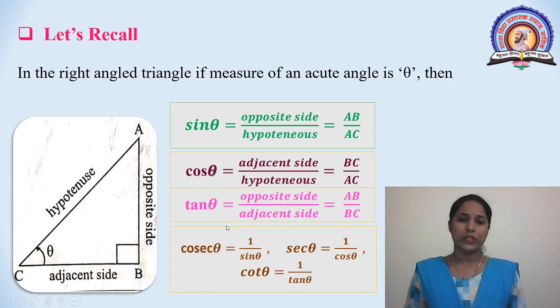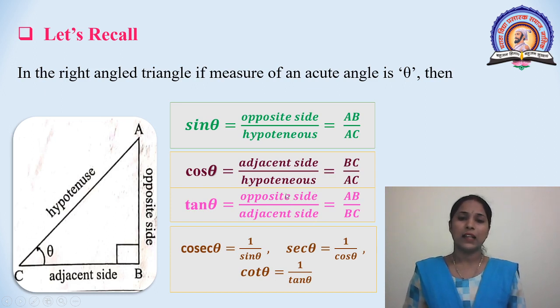Now cosec theta is equal to 1 upon sin theta, means it is the reciprocal of sin theta. That is cosec theta is equal to hypotenuse divided by opposite side, means AC divided by AB. Now sec theta is equal to 1 upon cos theta, that is, it is the reciprocal of cos theta.